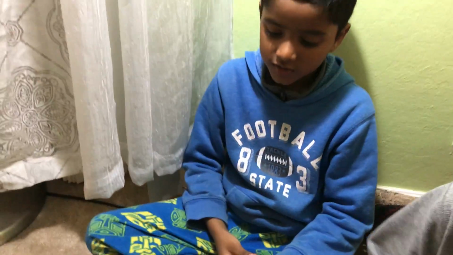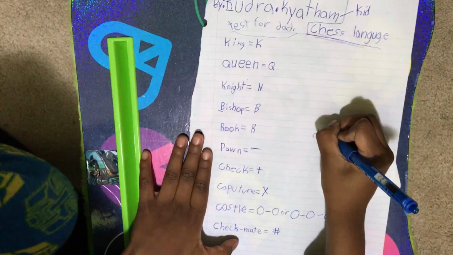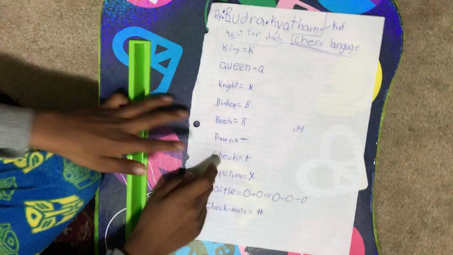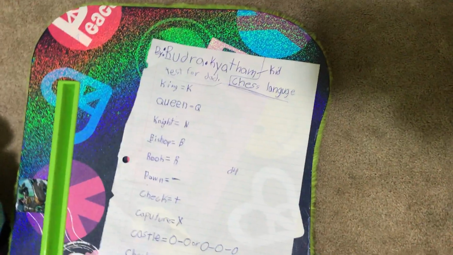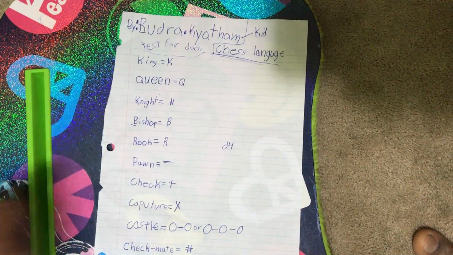So the first move is D4. So, pawn has nothing, right? So we can say that pawn goes to D4. And then what does black move do?